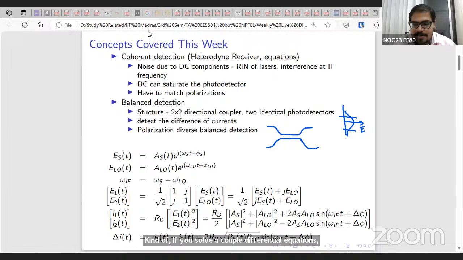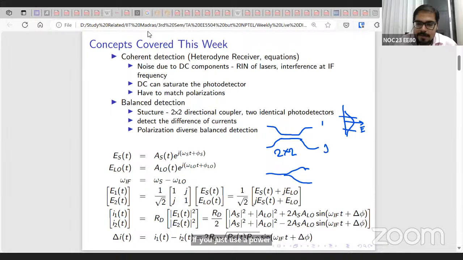Instead of this 2x2 directional coupler structure, if you just use a power splitter, a 1/2 splitter, then you would not have this J term.